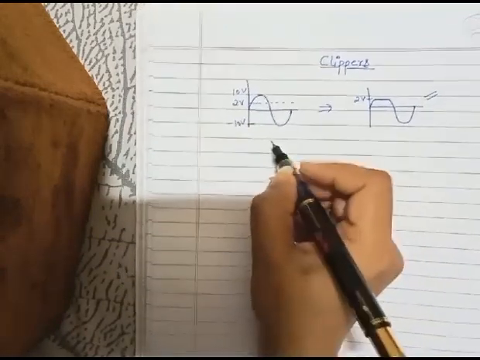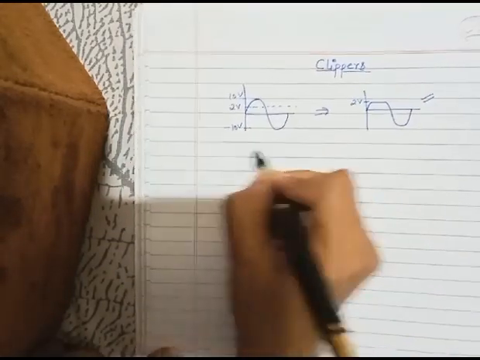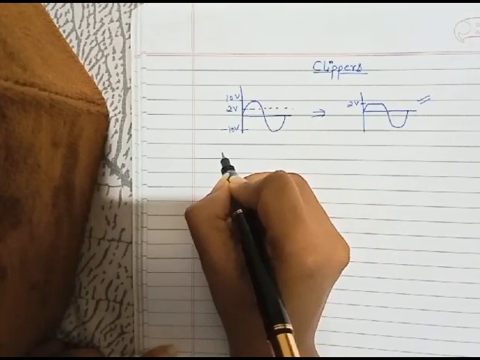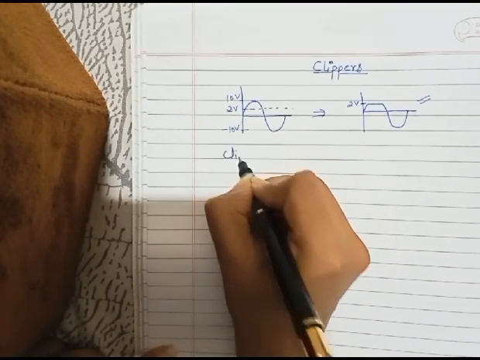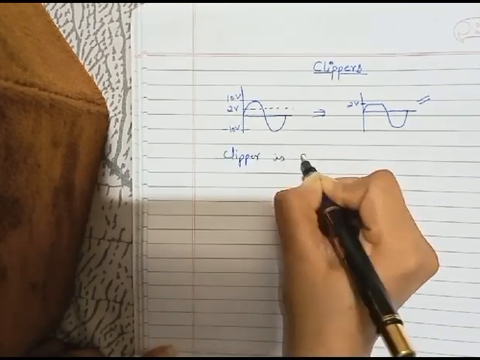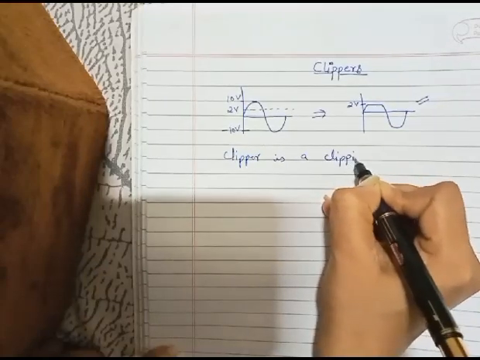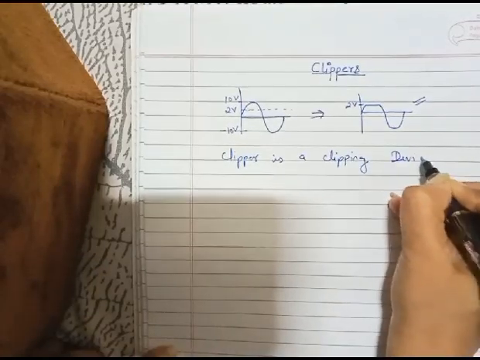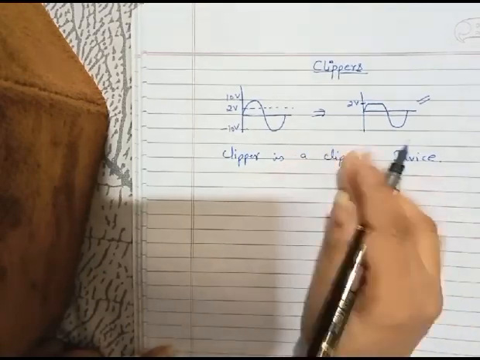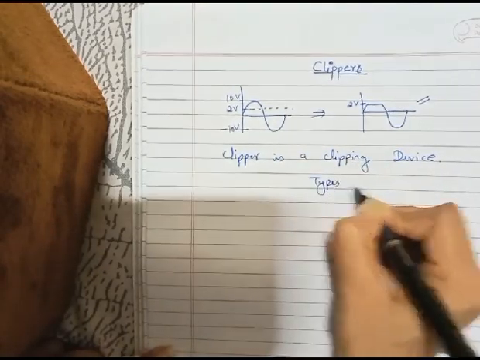Now what are the types of clippers? Basically, a clipper is a clipping device.